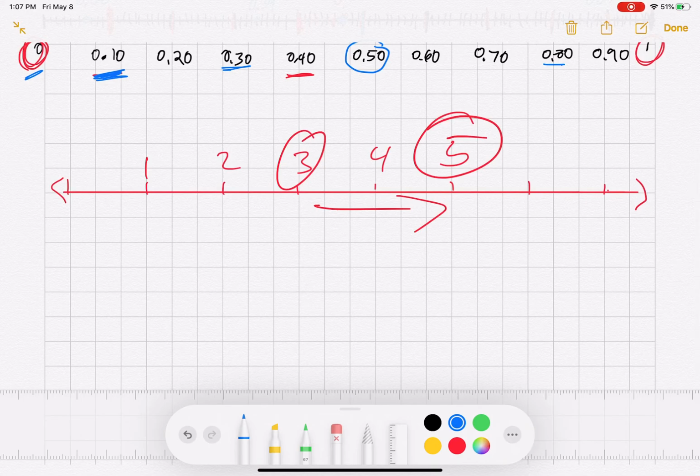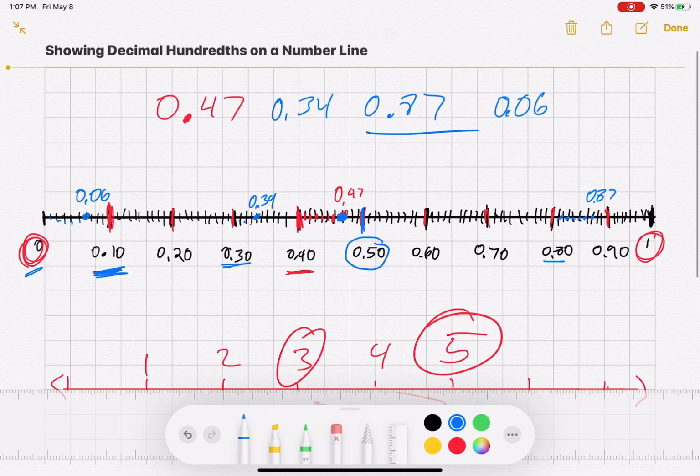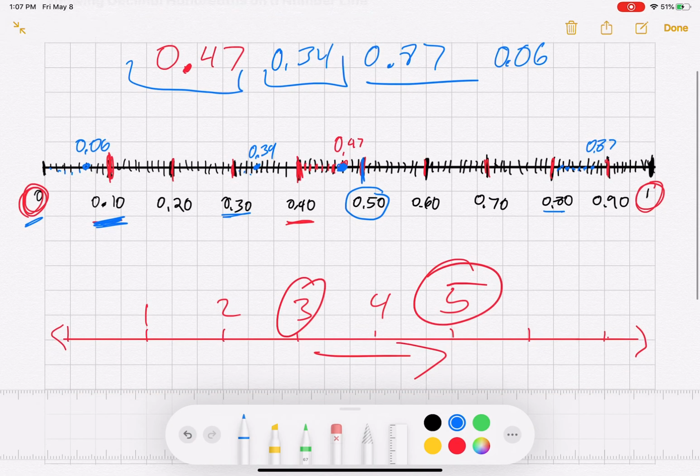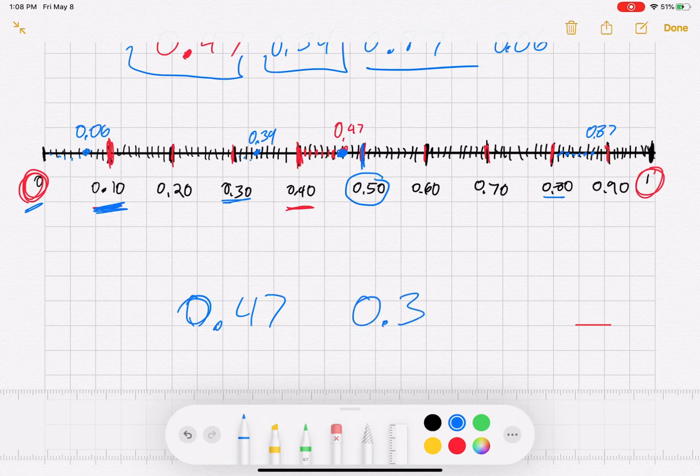So just remember, when we're comparing these and trying to figure out which ones are greater, so if I'm looking at some of these numbers and I want to know which one is greater, 47 hundredths or 34 hundredths. Okay, I'm going to have a look here. I'm just going to get rid of all of this here and write 0.47 and 0.34.